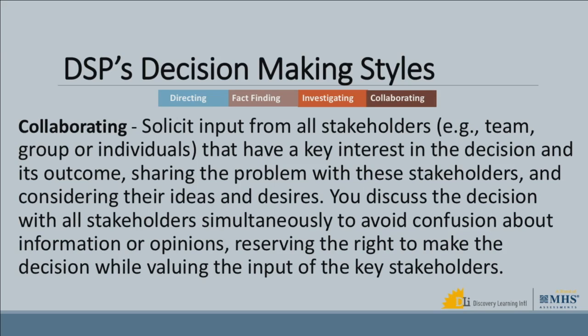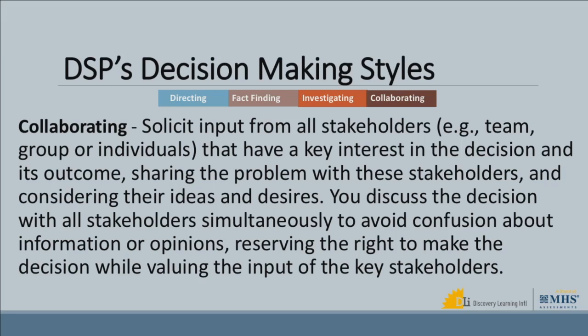Now, the next style is collaborating. This is where I pull everybody in, I open it up. The group knows. I'm transparent about the fact that this is what the problem is, share data, have data flow back and forth. So I discuss the decision with all the stakeholders simultaneously to avoid he said, she said, and confusion. Now, in the end, I still reserve the right to make a decision. Even if many, many people say X and I decide that it's Y, well, that's part of the collaborating style.